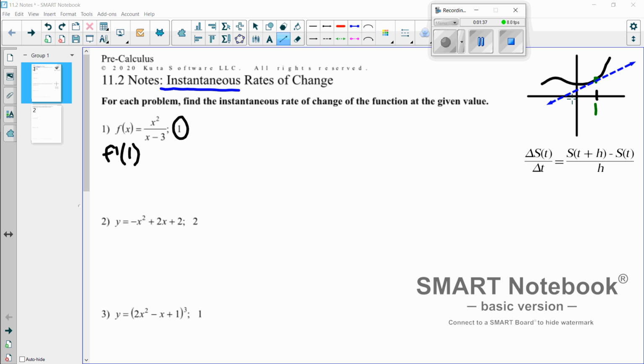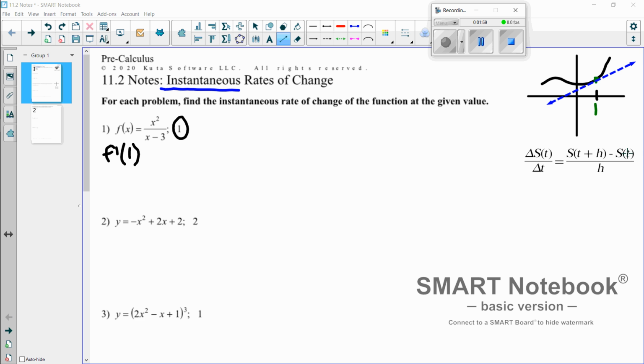This is the tangent line to the function at the point 1, the given value of 1. The derivative is the slope of the tangent line at the point 1. Now, you might be looking down here and saying, what the heck is this?